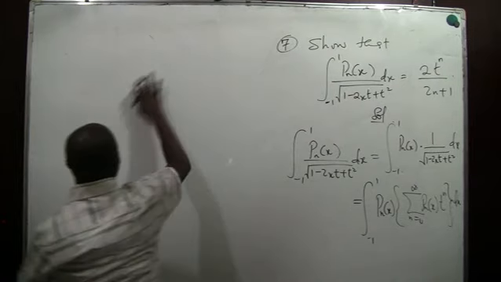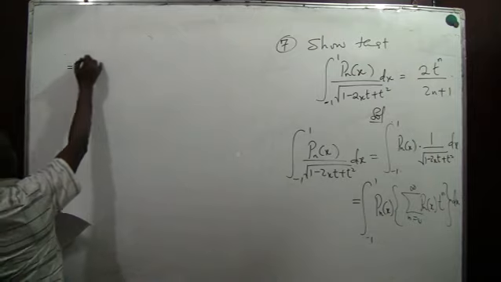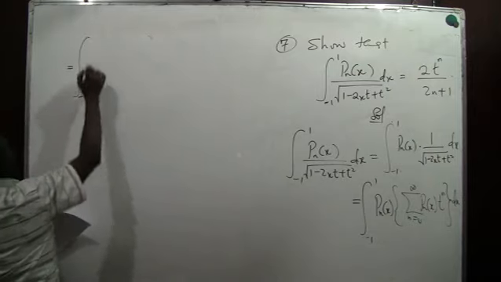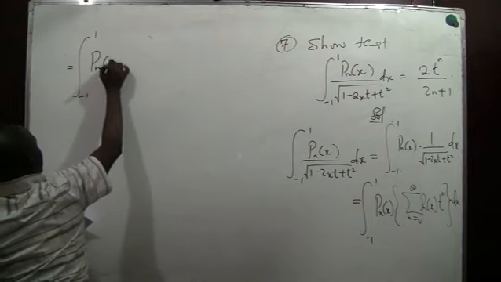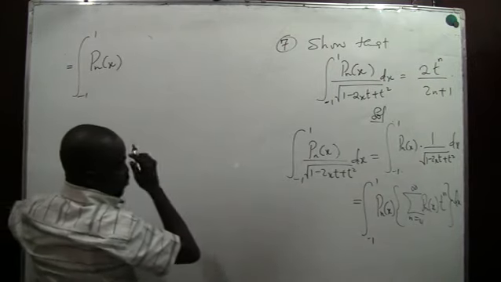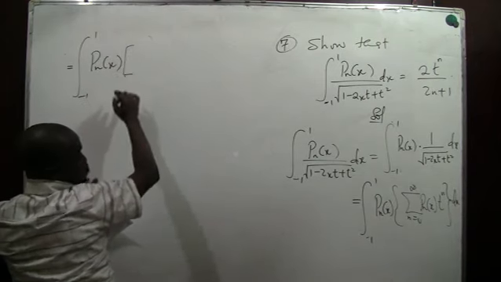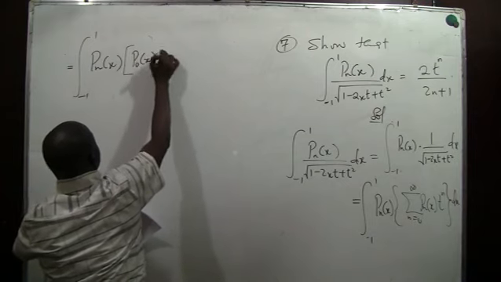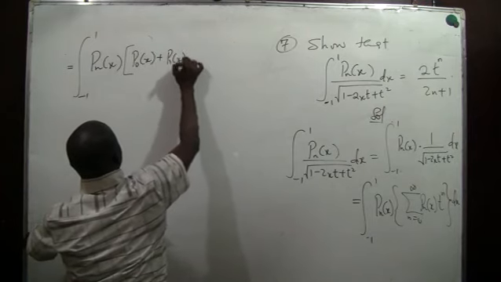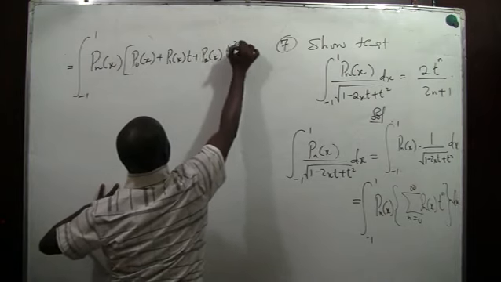Substitute. What we are going to have here, everything equals integral minus 1 to 1 of Pn of x times the series: the first one is P0 of x, P1 of x t, P2 of x t squared.